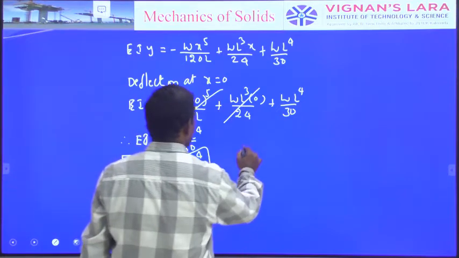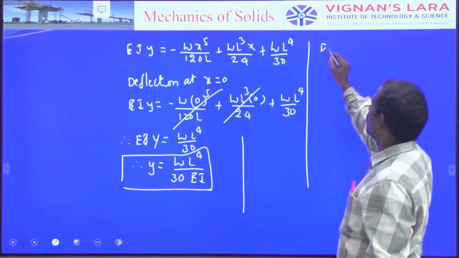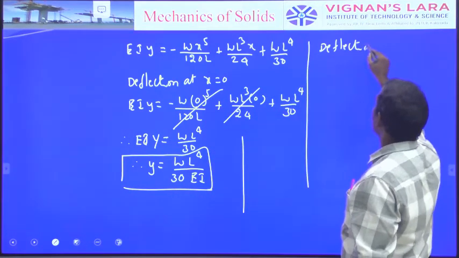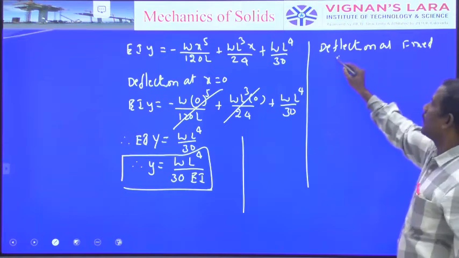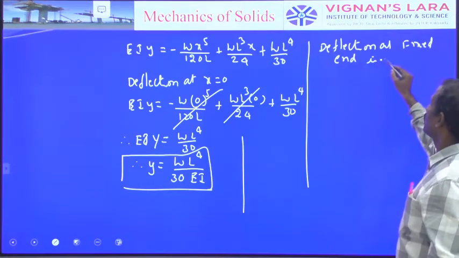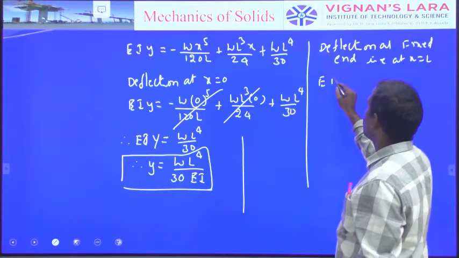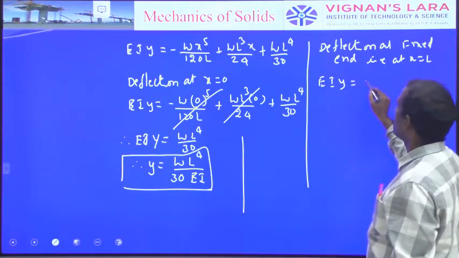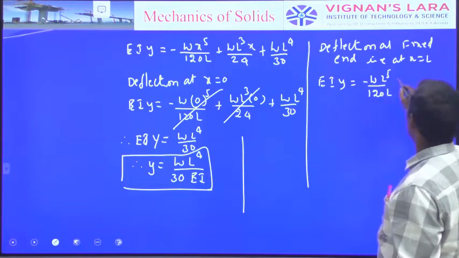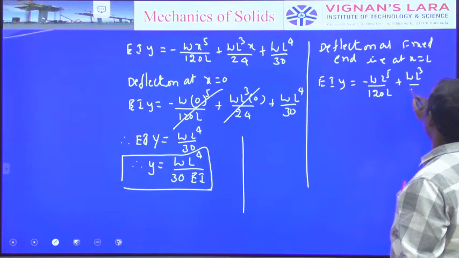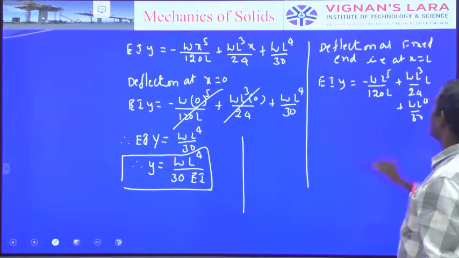Now, the deflection at the fixed end, that is at x is equal to L. Simply substitute x is equal to L in this equation: minus W into L power 5 by 120 into L, plus WL cube by 24 into L, plus WL power 4 by 30.